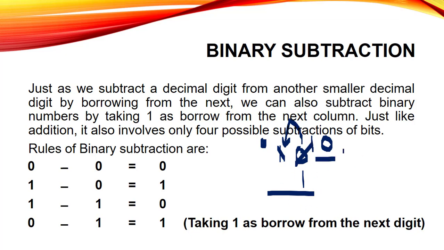Generally, this 10 is the addition of 2 ones. So when you are subtracting 1 from this 10, it means you are eliminating one of these ones, and your answer will be 1 only. So this is how this process of subtraction generally works.